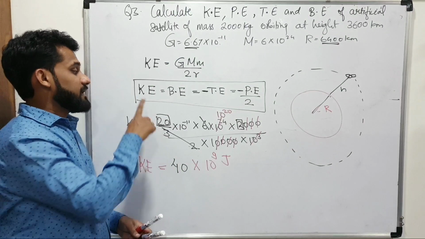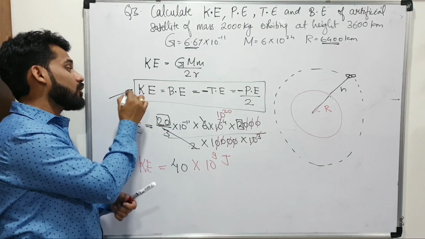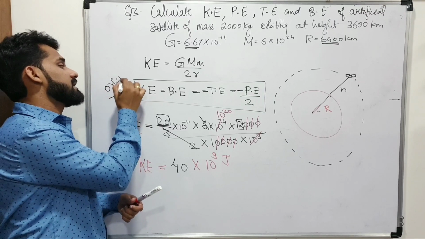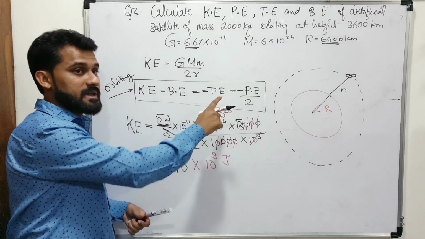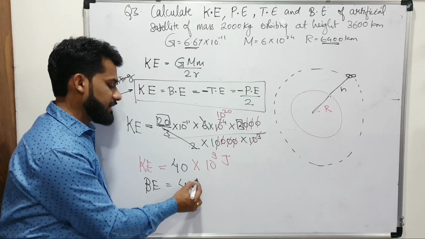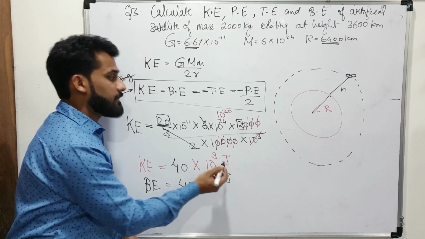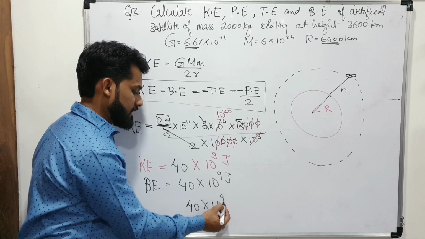And since we have calculated kinetic and we know the relation between all the energies, this is only and only valid for orbiting satellites, not for those satellites which are at rest on Earth. Only valid for orbiting satellites. So what will be binding? The same answer for binding, 40 times 10 to the power 9. What will be total? The same answer with negative sign obviously.